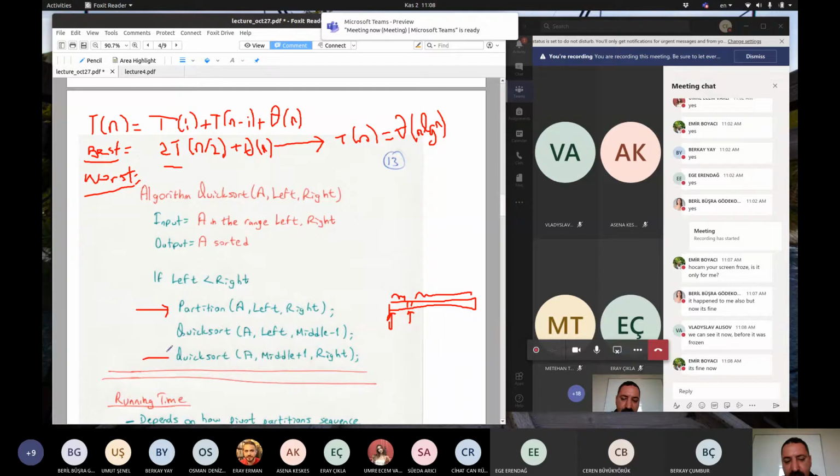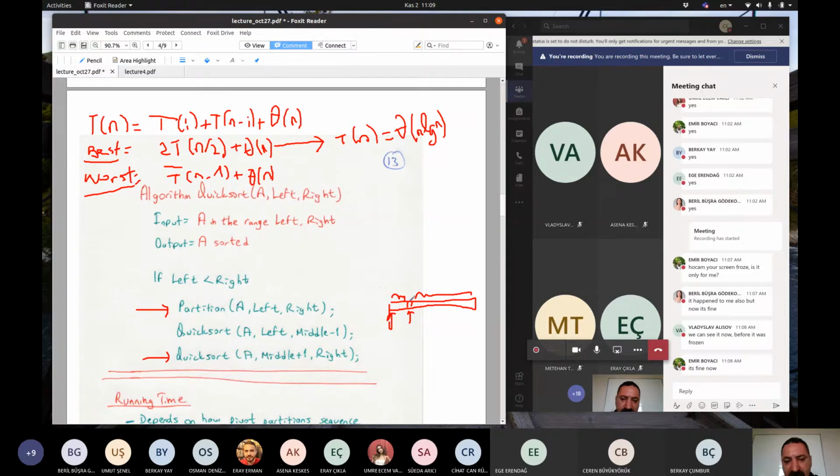But most of the work will be done by this second quicksort call, which will have to work on n minus 1 elements, which means that it will spend T(n minus 1) running time, plus again theta of n for the time that we spend in the partition.